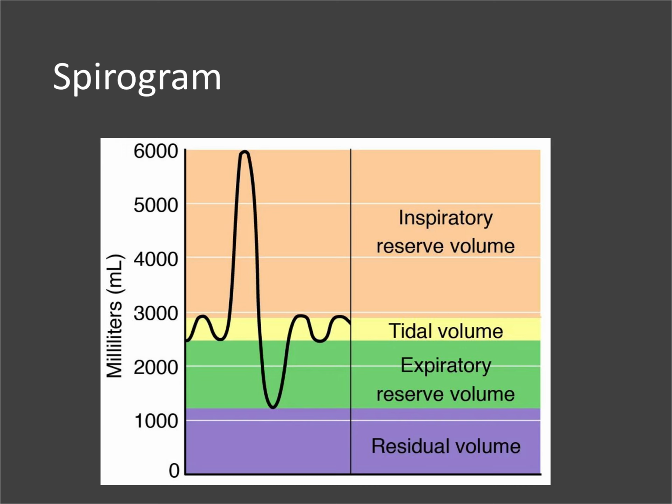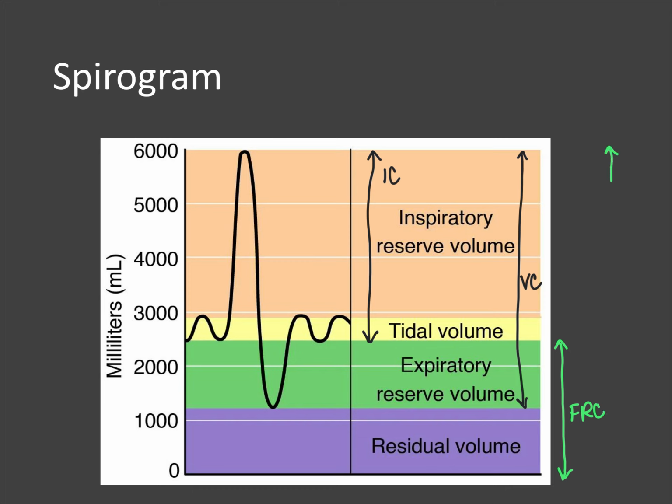It has the volumes already labeled on it, but remember that you can also add in the inspiratory capacity, the vital capacity, the functional residual capacity, and the total lung capacity.